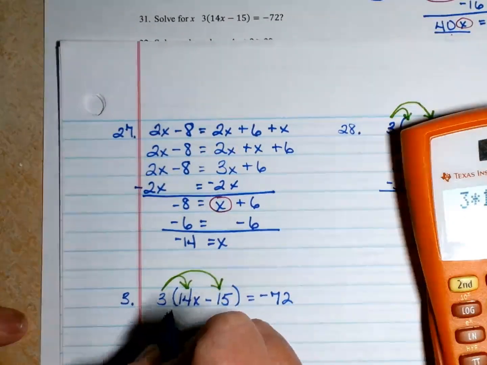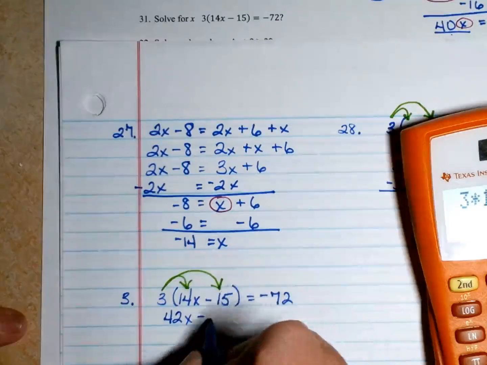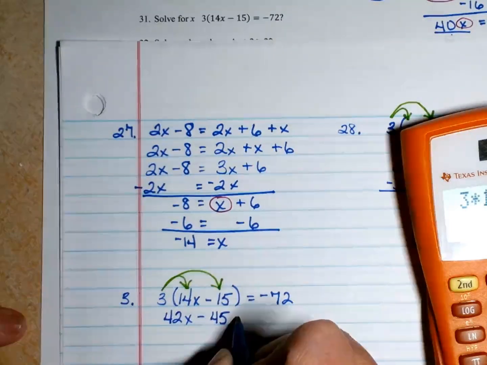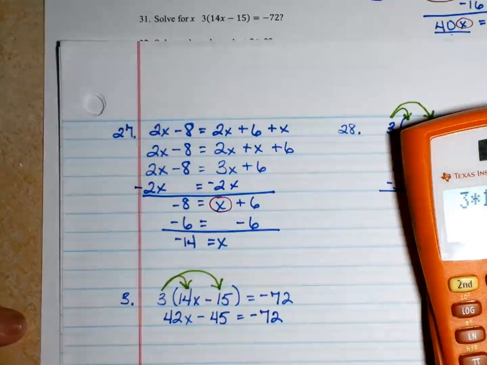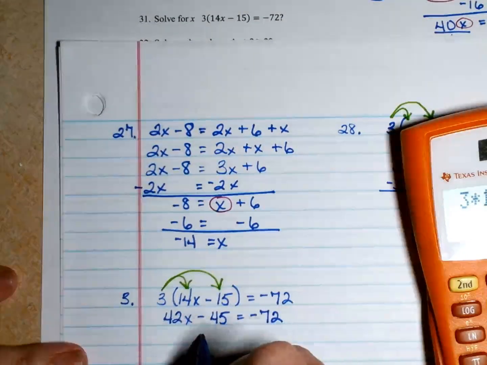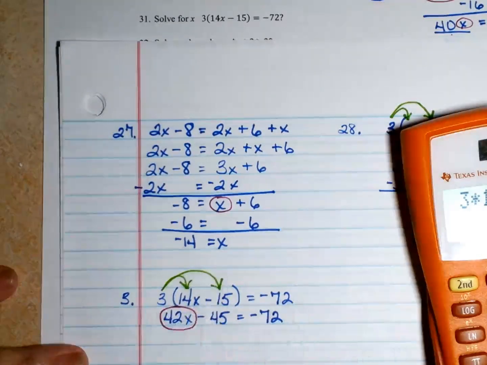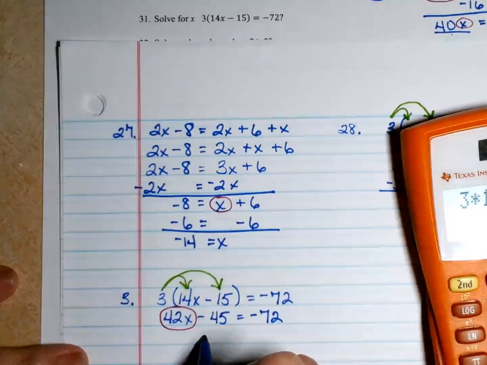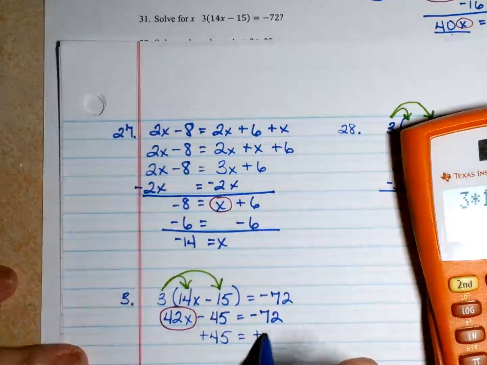So this is 42x minus, I know that 3 times 15 is 45. And that equals negative 72. So now I have to get 42x by itself. So I have to get rid of this negative 45. So I'm going to add 45 and add 45.